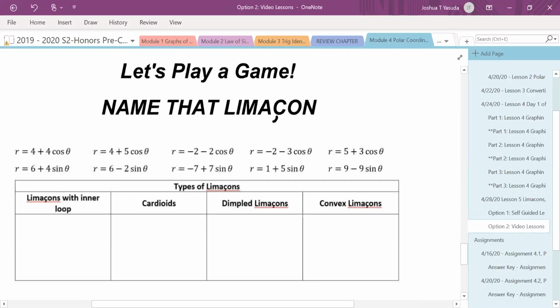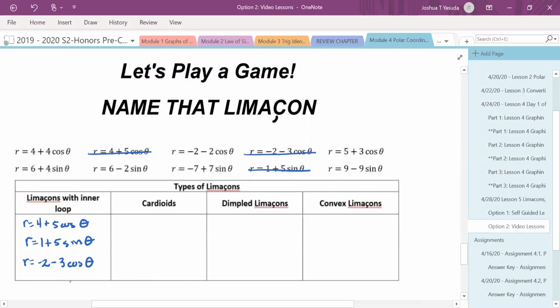So limacons with inner loops. I'm gonna say this one, r equals 4 plus 5 cosine of theta, that's gonna have an inner loop. r equals 1 plus 5 sine of theta is gonna have an inner loop. r equals negative 2 minus 3 cosine of theta is going to have an inner loop.